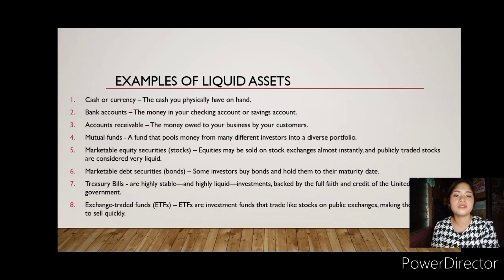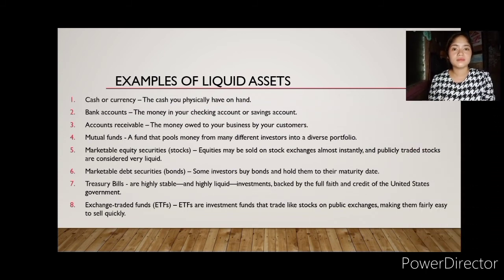So seven, treasury bills or treasury bonds, or T-bills and T-bonds. They are highly stable and highly liquid investments backed by the full faith and credit of the United States government. As a consequence, they can instantly be sold for cash on the secondary market if you need their value before they mature.